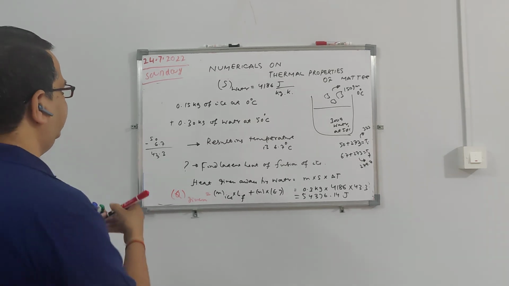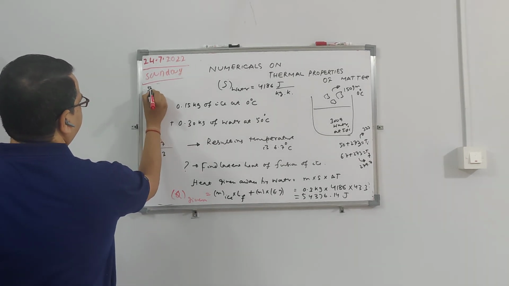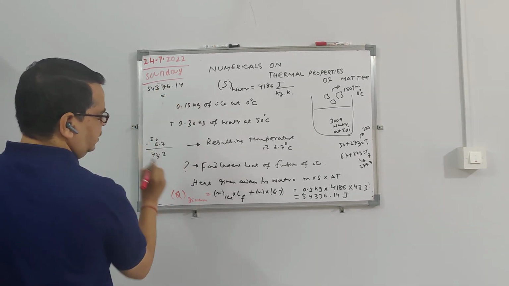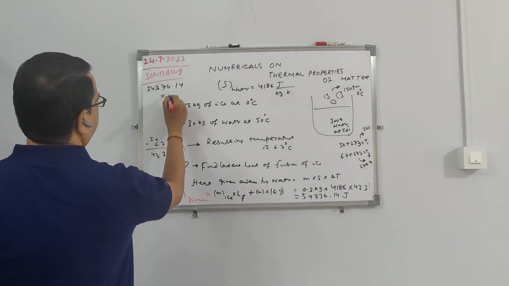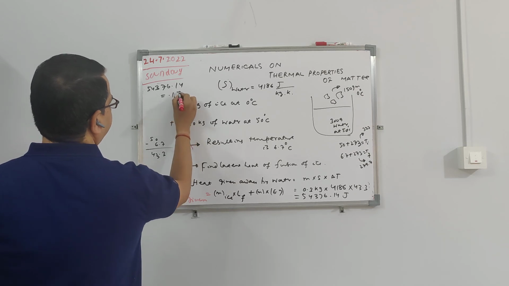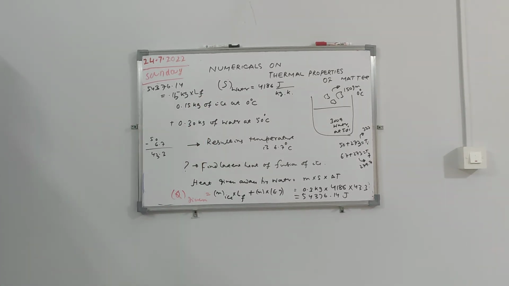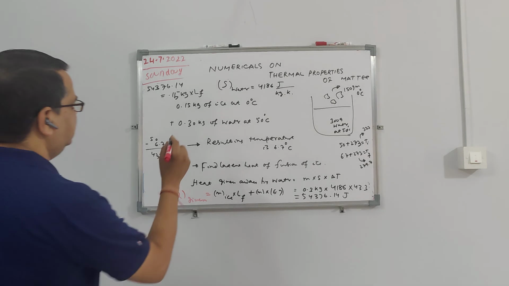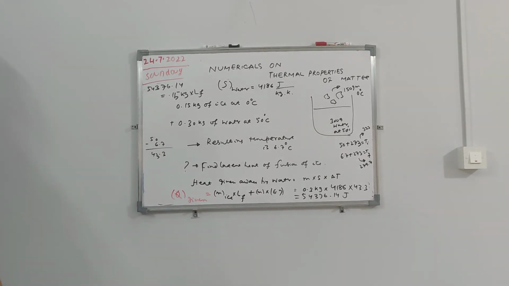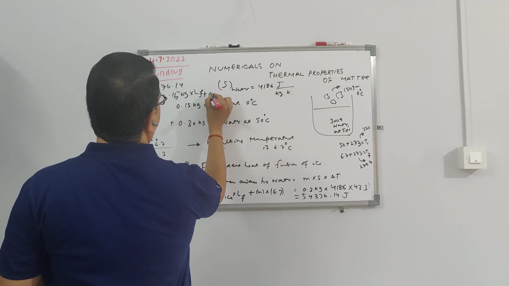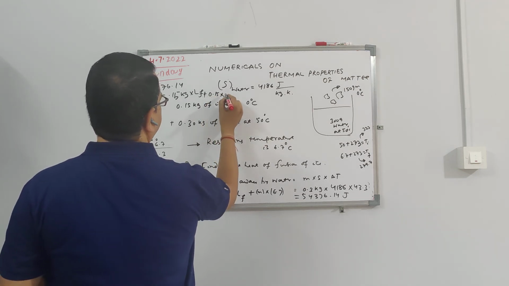So the final equation will be 54376.14 is equal to the mass of ice, which I know is 0.15 kg, into LF, which is our unknown that we have to find out, plus the same mass of water, 0.15, into 6.7.